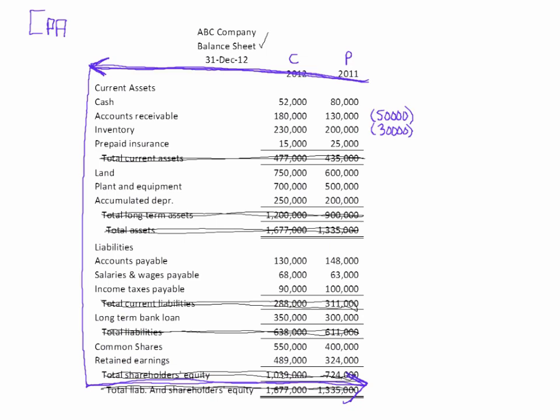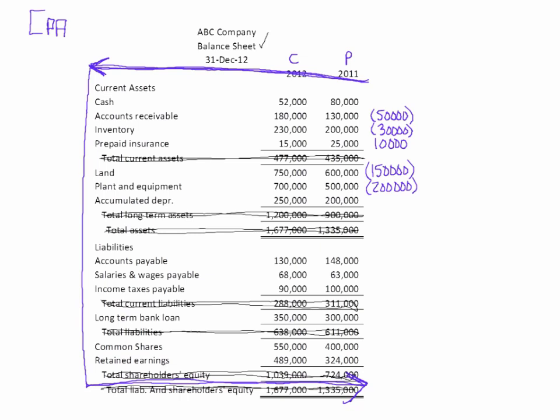And then 25,000 minus 15,000 is equal to positive 10,000. Then I'm on land, so 600,000 minus 750,000 is negative 150,000. Plant and equipment, 500,000 minus 700,000 is negative 200,000. And then accumulated depreciation, 200,000 minus 250,000 is negative 50,000.